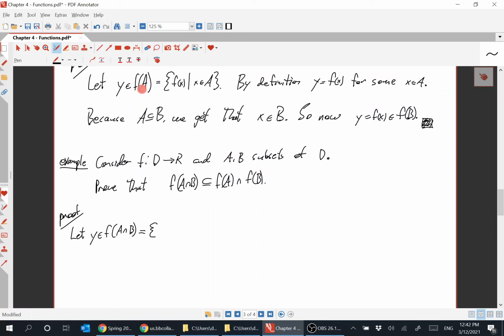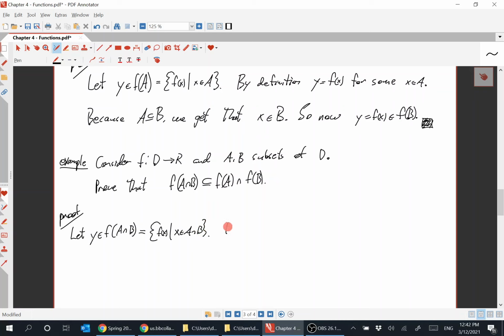Now here's the image of A. It's the set of all f of x such that x is in A. So here the image of A intersection B is the set of all f of x such that x is in A intersection B. Exactly right.